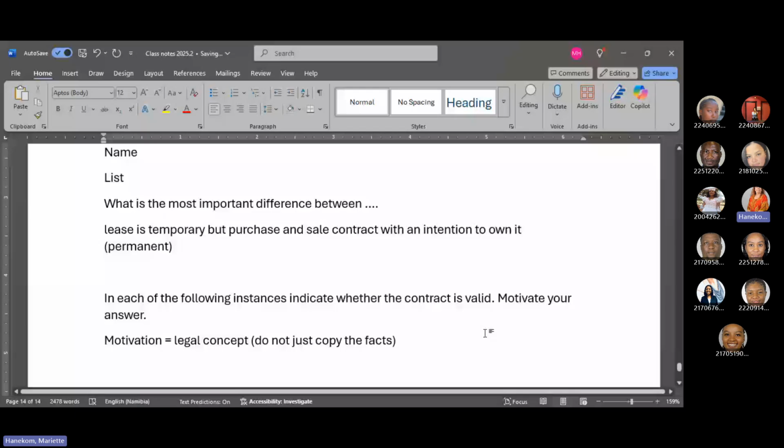I can ask you whether there's a lease agreement, whether there's a valid purchase and sale, whether there's a valid partnership, whatever. So you need to know your requirements.